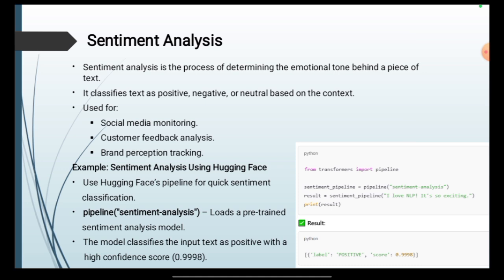This indicates that the text is classified as positive with a confidence score of 99.98%, demonstrating that the model strongly associates the input with positive sentiment. This approach is widely used in social media monitoring, customer service, and product reviews to gauge public perception automatically. So this can be said as per the details mentioned over here.